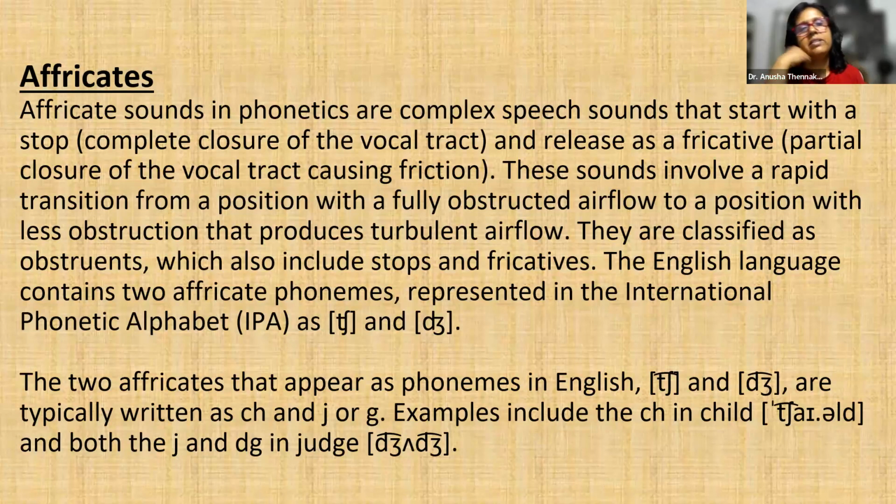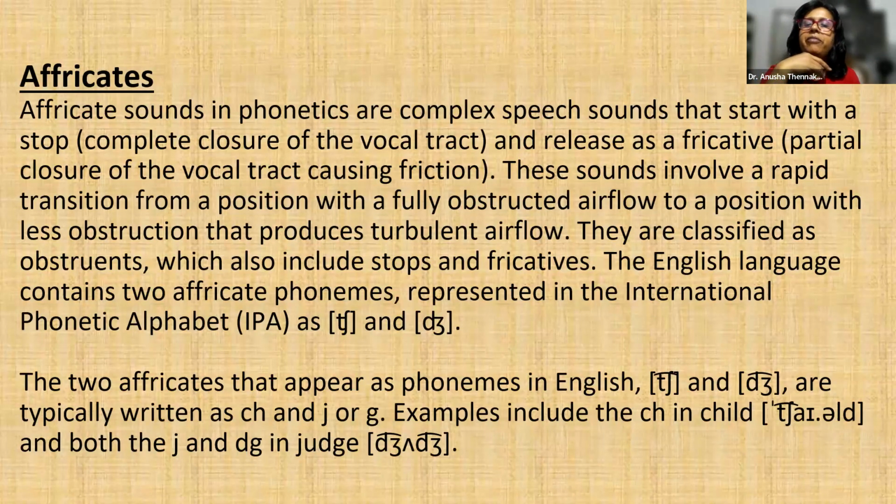Affricate sounds in phonetics are complex speech sounds that start with the stop. That means complete closure of the vocal tract and release as a fricative, partial closure of the vocal tract causing friction. The very famous affricates in the English language are ch and j.